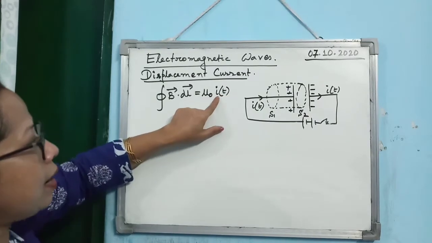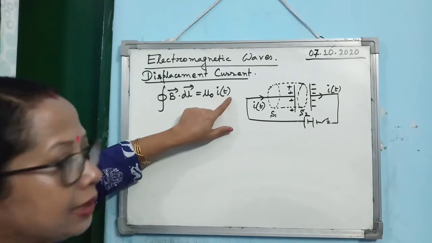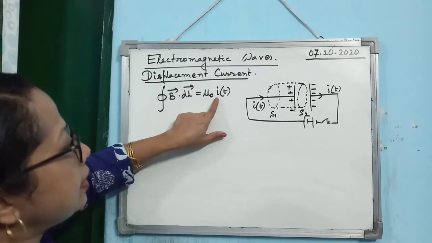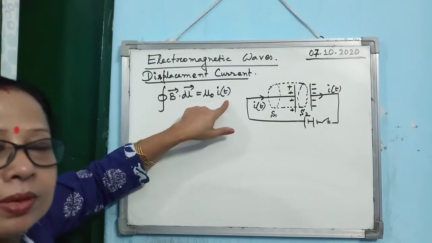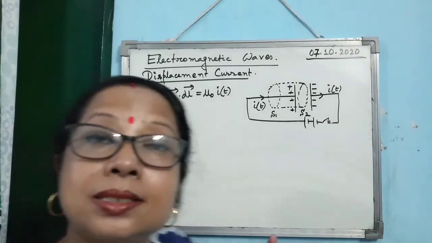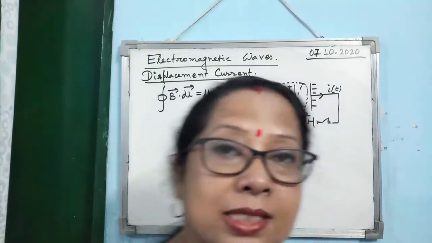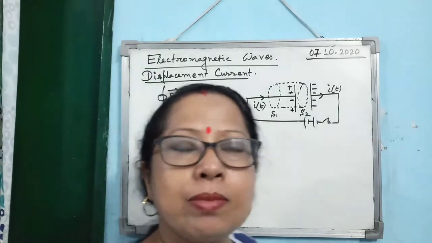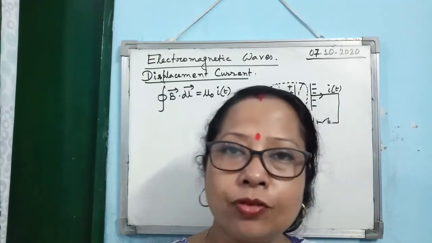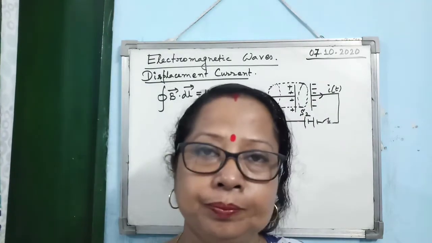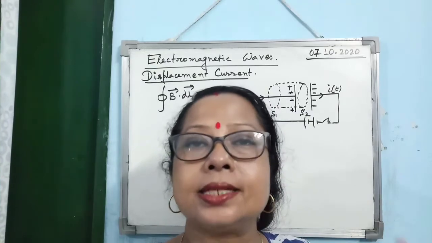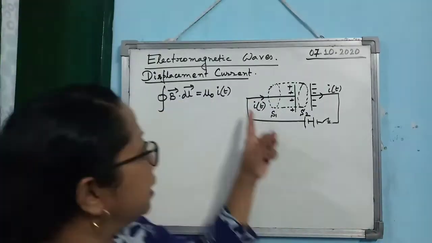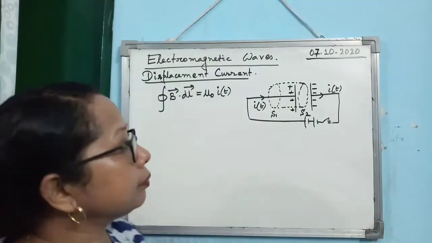Remember, when I write I within brackets t, it means the current is time varying. It does not mean I into t. I is a function of time, that I meant to say.